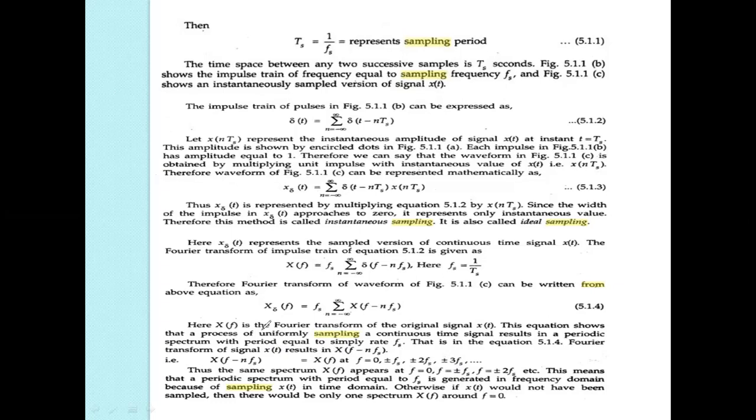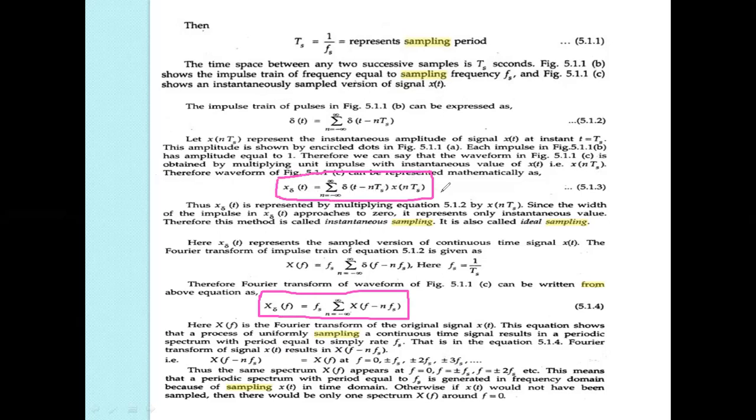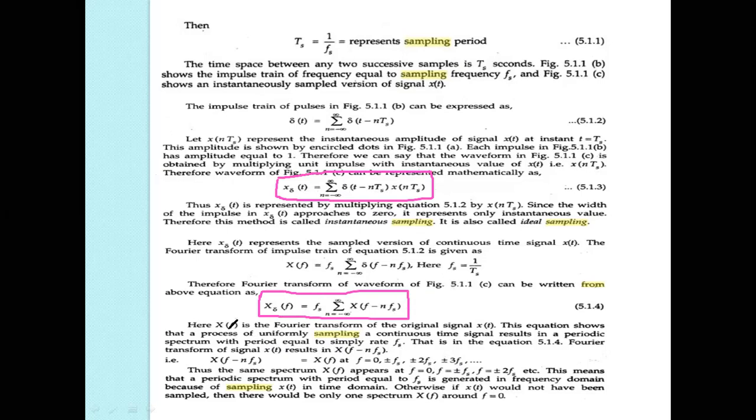Okay, my dear friends. See here the x of f, whatever we got, now we derived this expression from x delta of t equal to sum of n equal to minus infinity to infinity delta of t minus n into ts, x of n into ts, by using the trigonometric Fourier series, and then after applying the Fourier transformation we got x delta of f is equal to, here x of f is the Fourier transform of the original signal x of t.